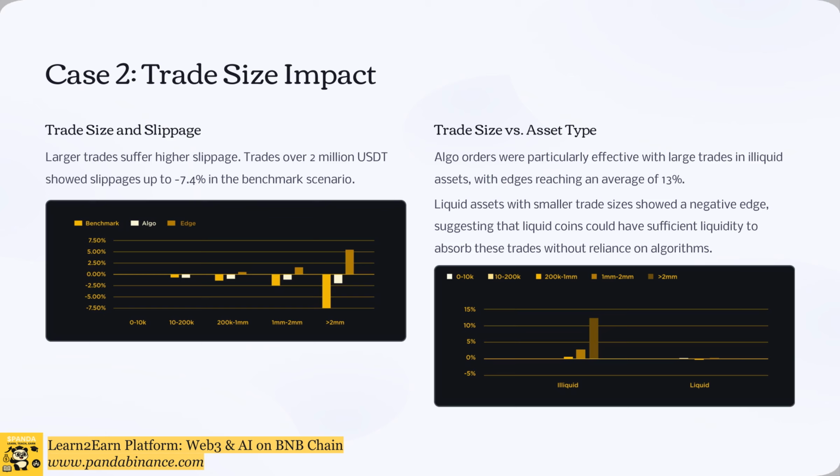However, this benefit diminishes with smaller trades of liquid assets. This is because liquid assets often have sufficient existing liquidity, reducing the need for complex algorithmic execution strategies for smaller transactions.